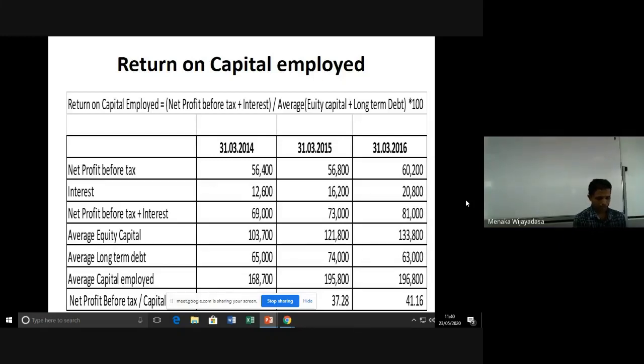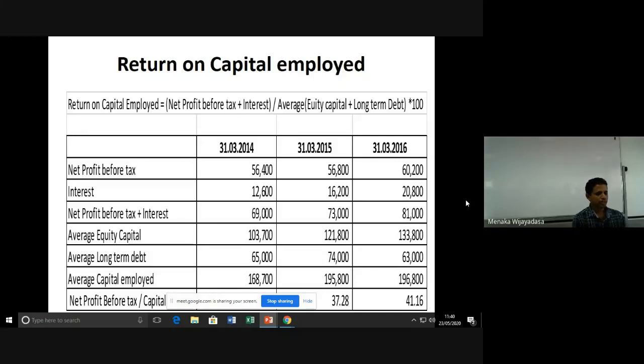And at the ending of 2015, the balance has reduced to 68,000. Therefore, 80,000 plus 68,000, altogether 148,000. 148,000 divided by 2, that is 74,000.